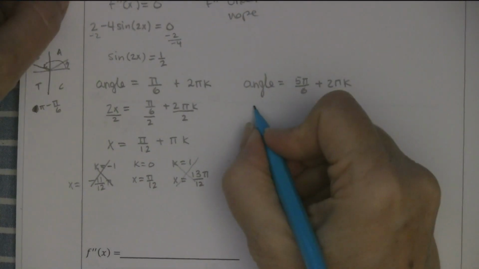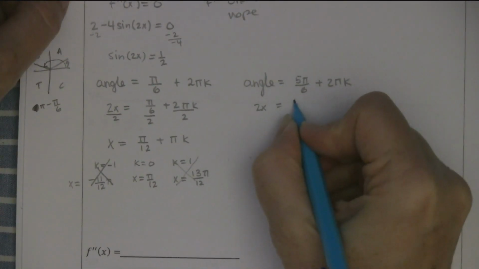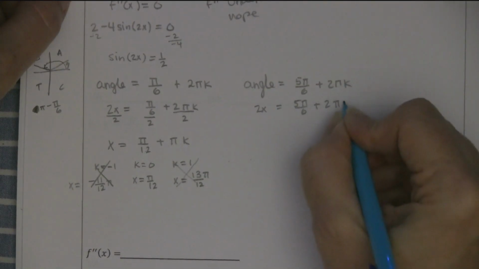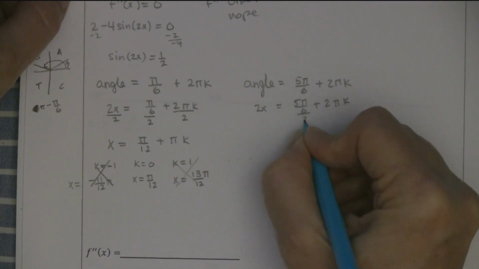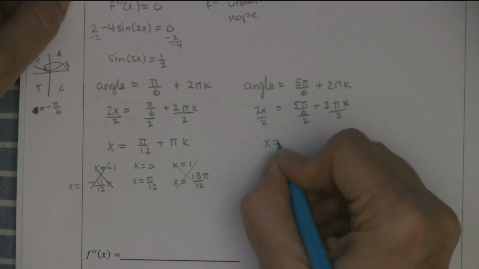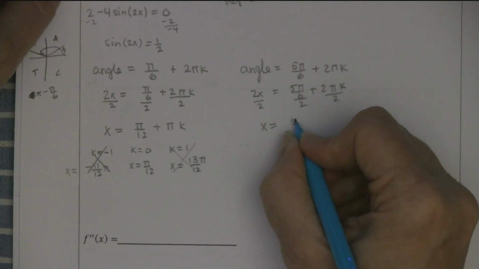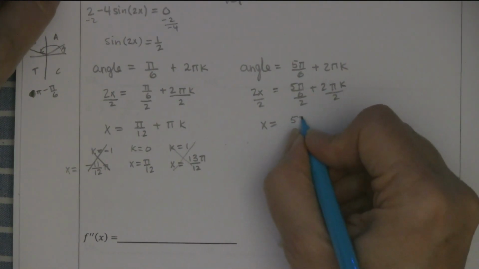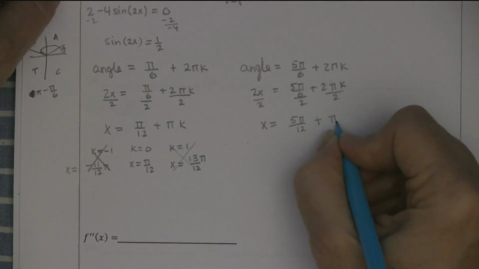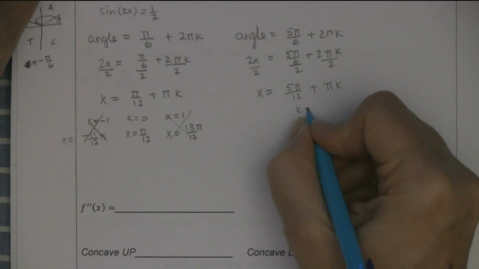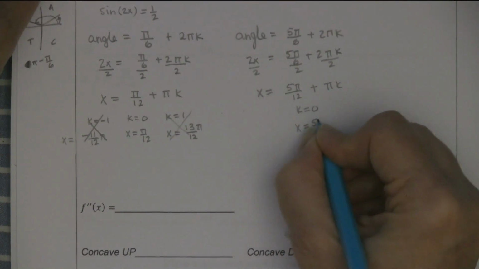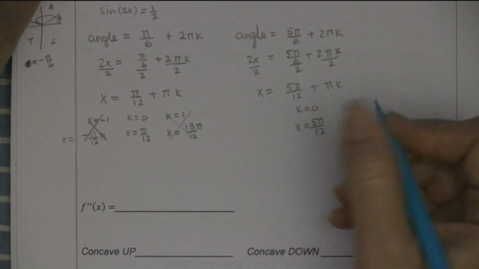And now we're going to see about critical values over here. Remember, our angle was 2x, 5 pi over 6 plus 2 pi k, where k is any integer. I'm going to divide by 2, divide by 2, divide by 2. So I get x equals 5 pi over 12 plus pi k. If k is 0, then I have x equals 5 pi over 12.